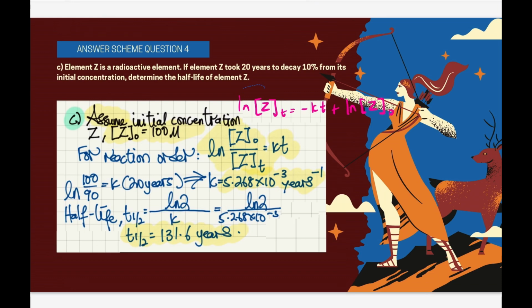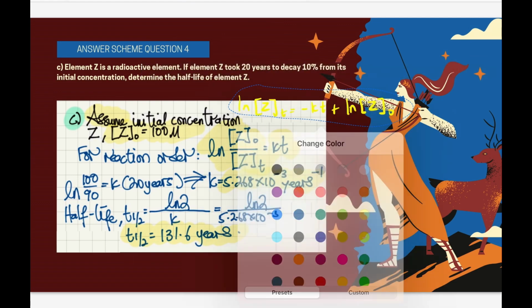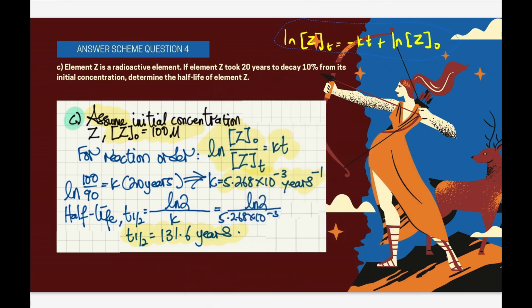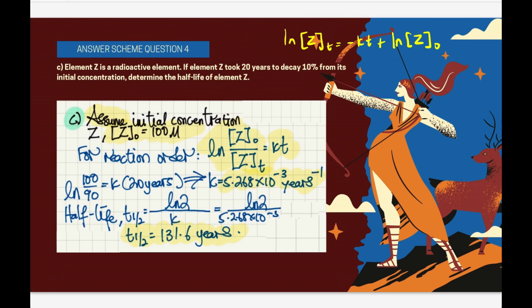This is also a formula you can use actually. I'm gonna change the color to yellow lah. Nampakkah? You can also use this formula, dan dia akan dapat begini juga sebenarnya. Tapi kalau kamu malas mau hafal banyak-banyak, so hafal aja yang ini. Hafal dulu yang zero order adalah yang ini saja tanpa ln. Kalau first order tambah ln. Kalau second order 1 over di sini. And then padam ini.